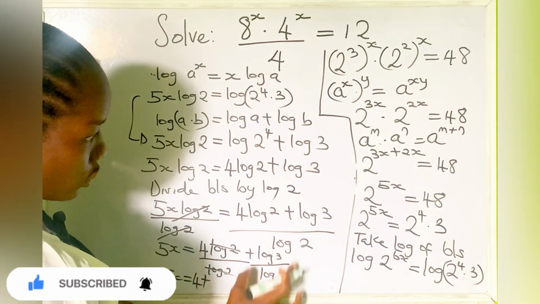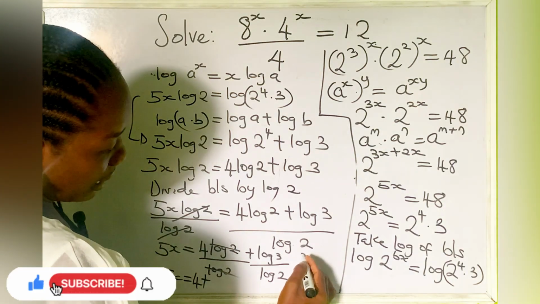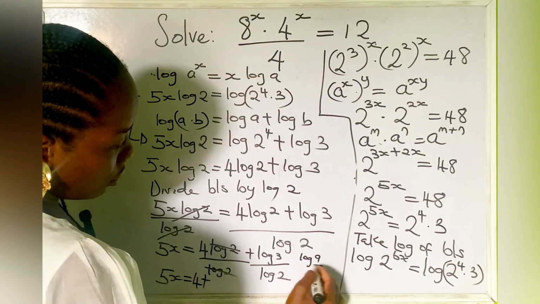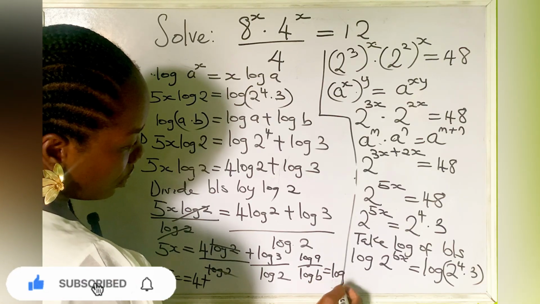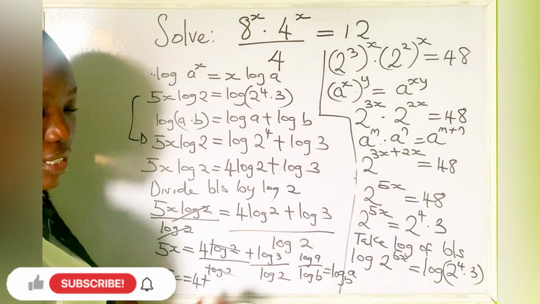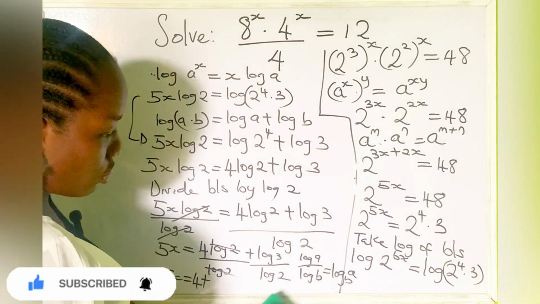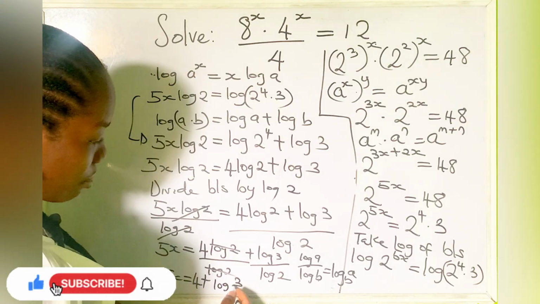Now, when we do a change of base, when you have something like log A over log B, it's the same thing as saying log A base B. So the denominator becomes the base of the logarithm. In this case, this becomes log 3 base 2.